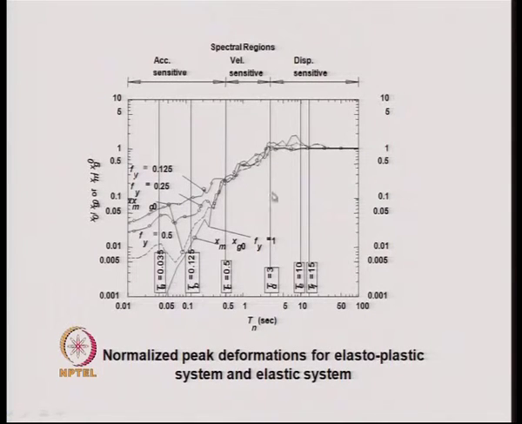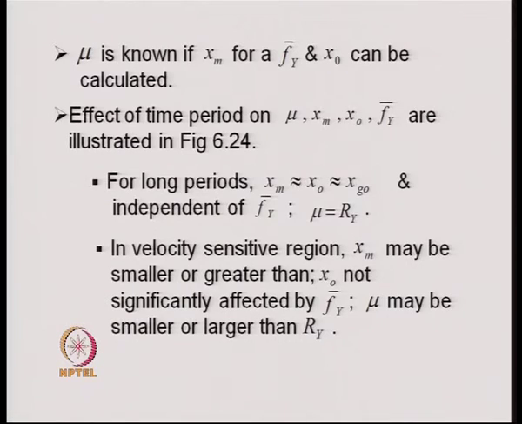Here in this zone, irrespective of the values of f bar y, all the values are more or less the same and equal to 1, that means xm is equal to x0 is equal to xg0, and therefore in this range mu is simply equal to ry.